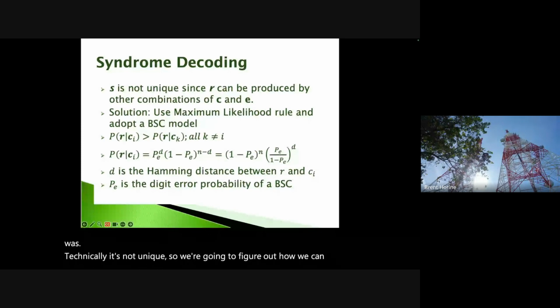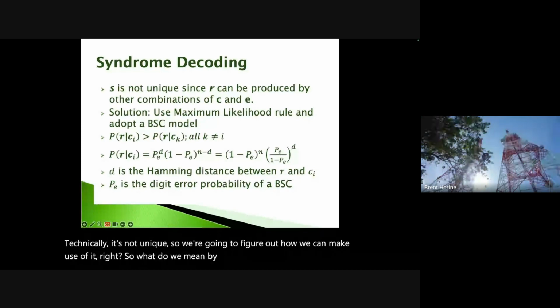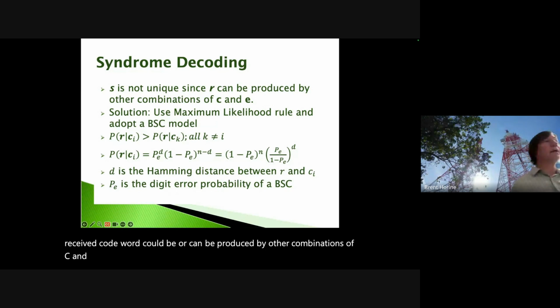So what do we mean by that? S is not unique since R, that received code word, can be produced by other combinations of C and E. Ultimately we want to figure out what C is or what E is.